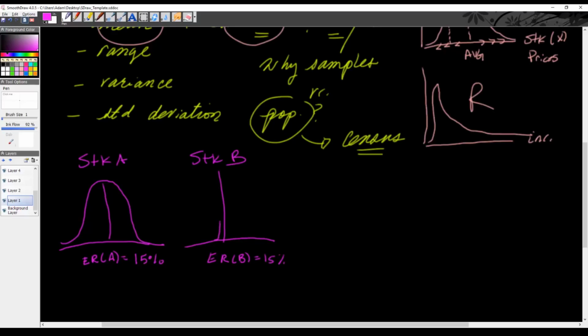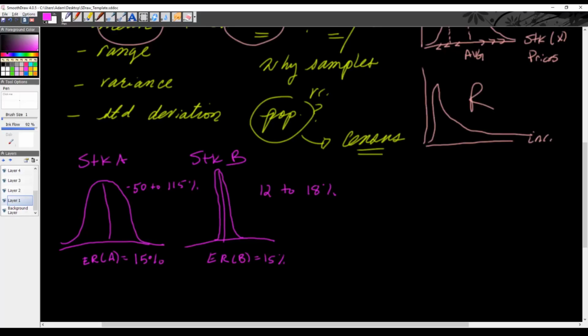But let's say the data are distributed like this. In other words, they don't really spread out around the mean too much. So the range for stock B might be 12 to 18%, whereas the range for stock A might be negative 50 to, I don't know, 115% or something like that.